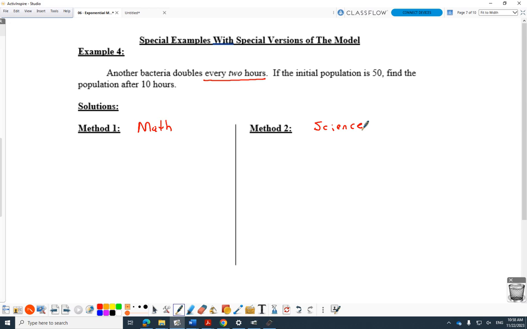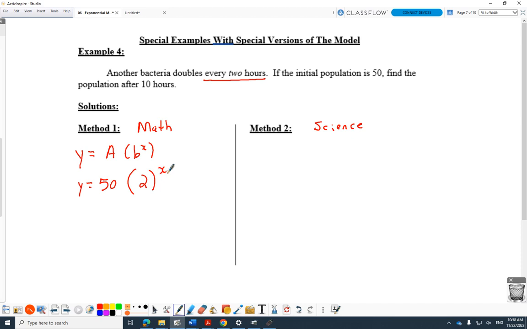Careful now. I'm going to make the model here. y equals a b to the x. And y equals, what's the initial amount? 50. So far, this question doesn't look any more difficult than the previous ones. It says it's doubling. So what's the base if I'm doubling? 2. So far, no big deal.